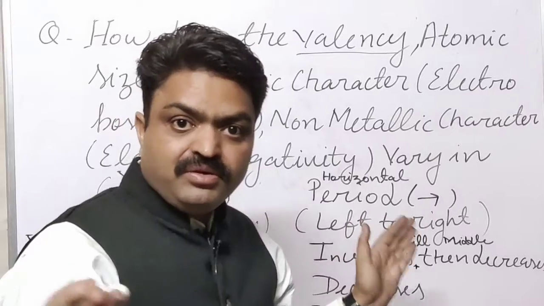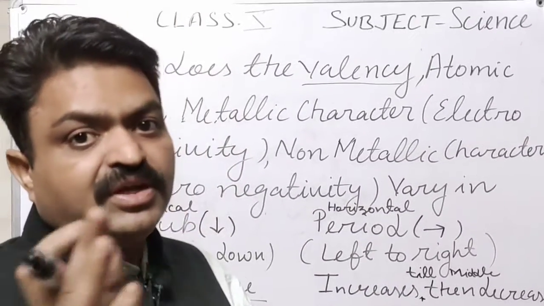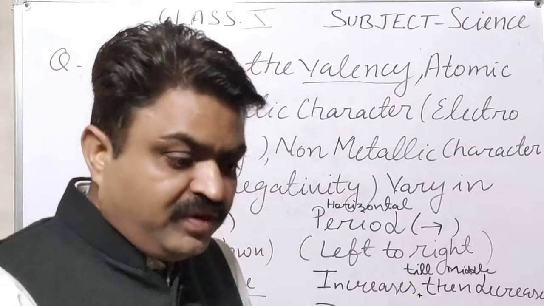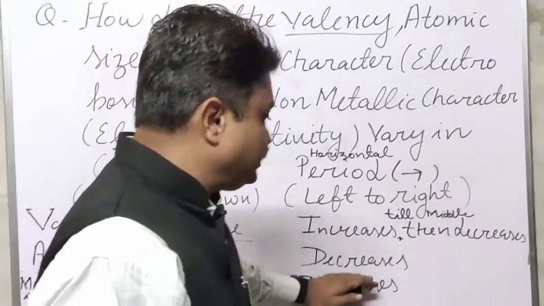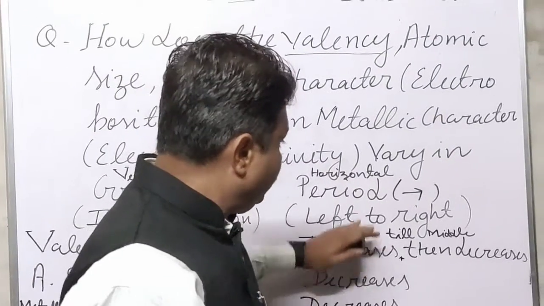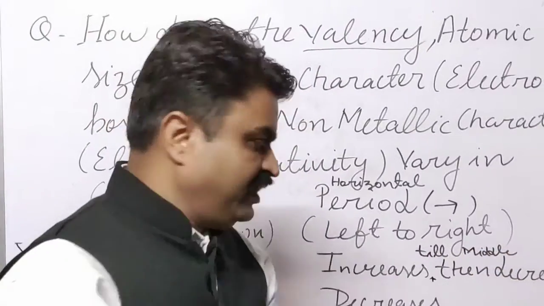Why? Because the nuclear charge increases, and due to this the electrostatic force increases, from which the size decreases. So in a period, the atomic size decreases from left to right.